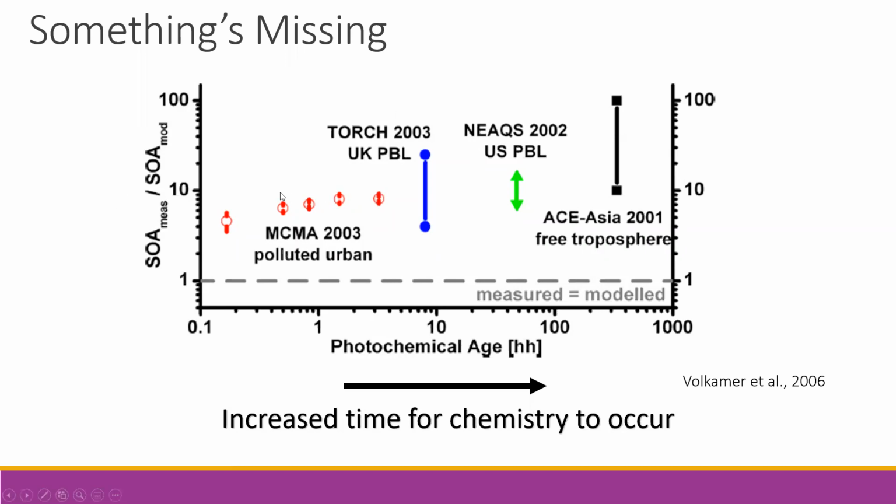It shows, at best, we underestimate secondary organic aerosols by about 10 times. And as you allow more and more time for more chemistry to happen, these uncertainties get worse and worse, underestimating secondary organic aerosols by up to 100 times, which really begs the question: these models are missing a very critical source here. What would this source be?